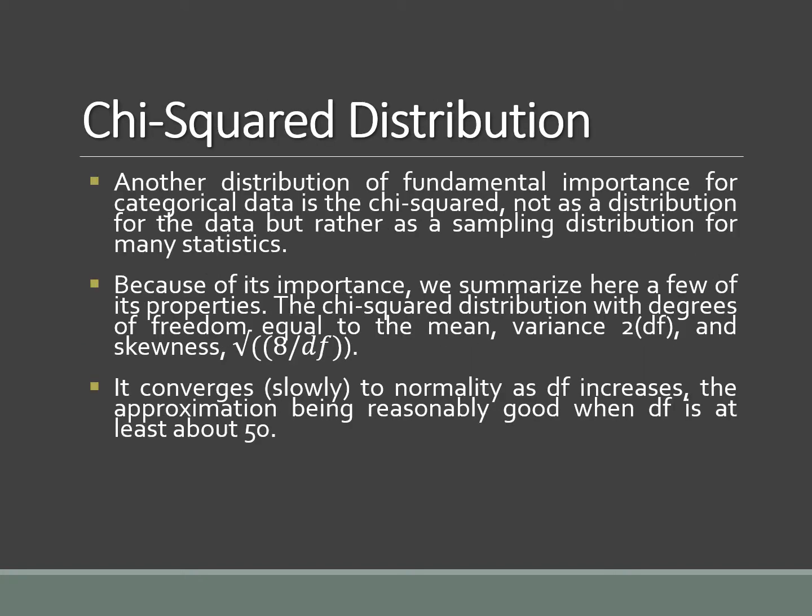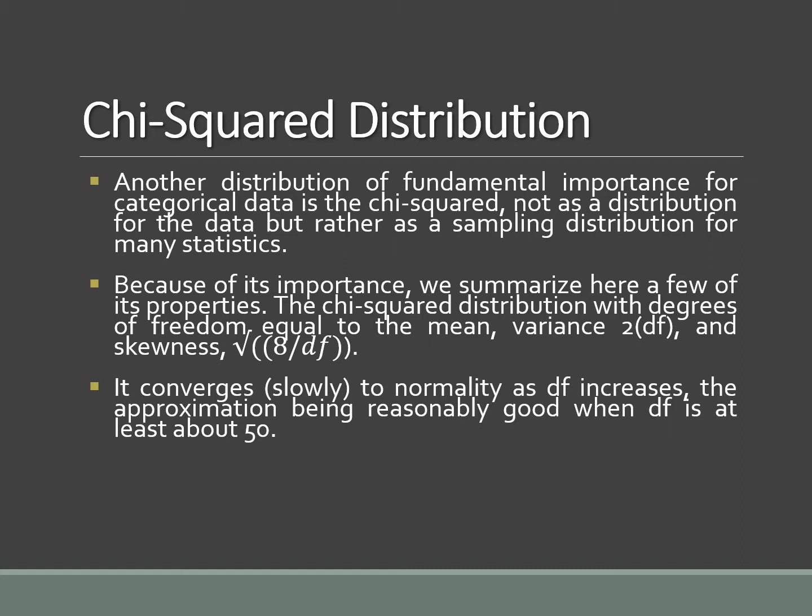The next distribution that you need to recall is the chi-square distribution. This distribution is not attributed to a random variable that we will be dealing with in categorical data analysis. But most of the hypothesis testing methods that we will be using use the chi-square distribution.